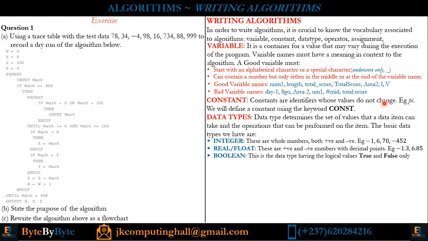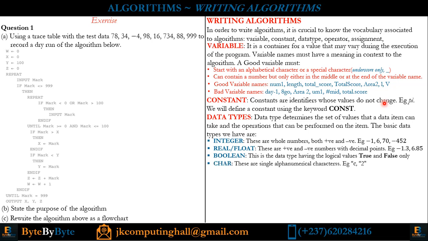So when writing your algorithm, if there is a variable that can accept only two values, then you can use a Boolean for that. Other programmers use integer and they assign 1 to true and 0 to false, just like in logic gates, which is still acceptable and very correct.